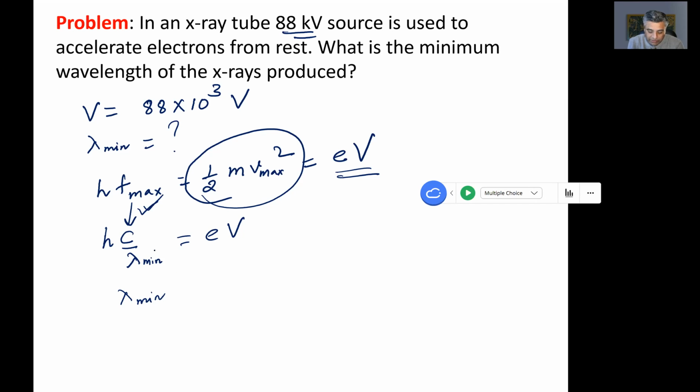Let's do some cross multiplication. It goes up, it comes down, which means lambda min can be written as hc over eV.